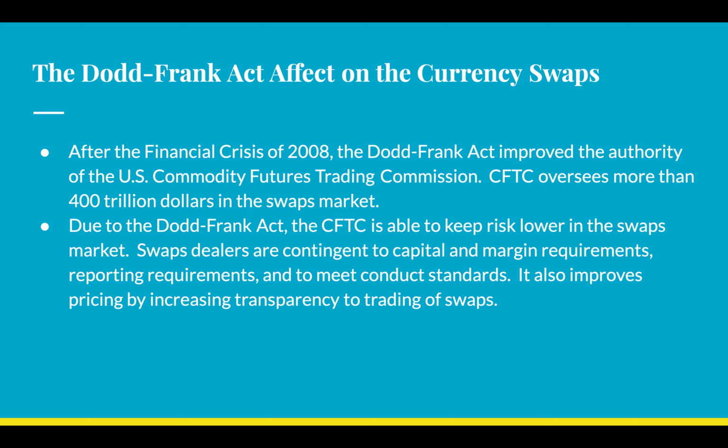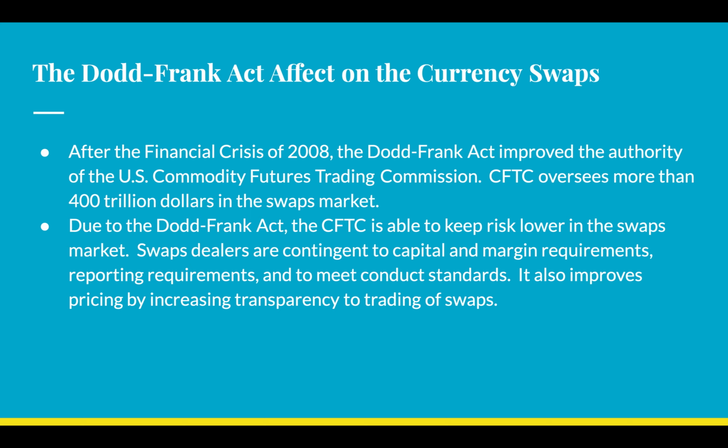Now I will talk about the effect the Dodd-Frank Act has on currency swaps. After the financial crisis of 2008, the Dodd-Frank Act improved the authority of the U.S. Commodity Futures Trading Commission. The CFTC oversees more than $400 trillion in the swaps market.